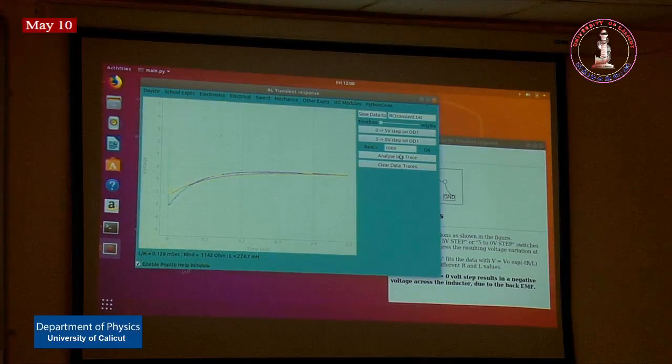Is it L by R or R by L? Maybe there is a typing error. Because the value you get is tallying, 0.072, right?